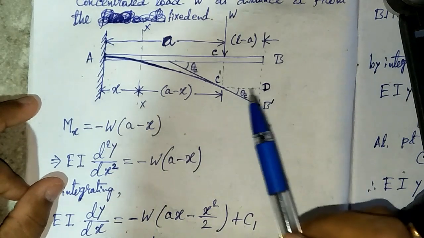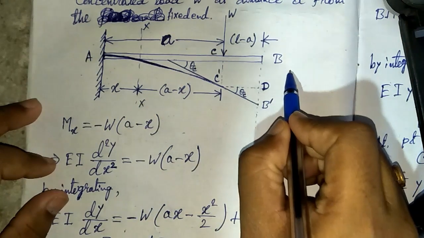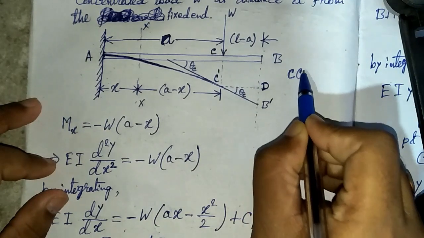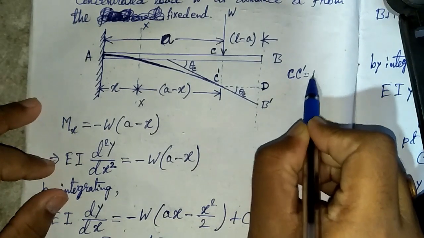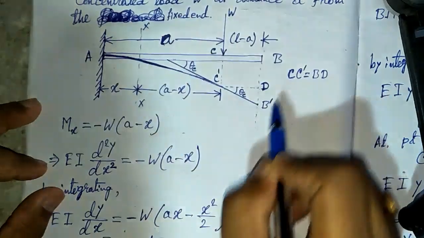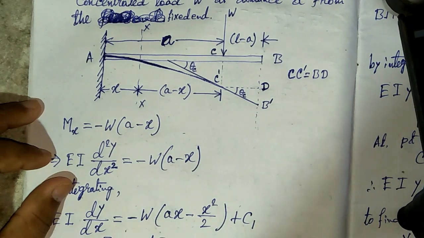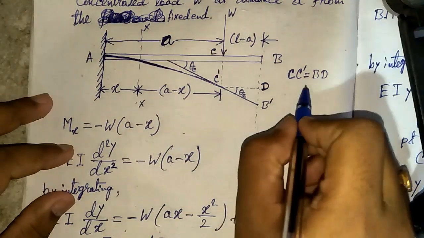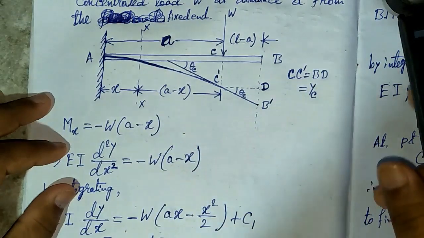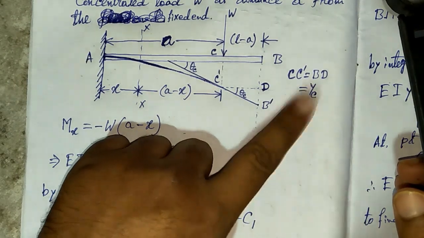The length CC dash is equal to BD, and that is equal to YC. From the geometry we can find this.